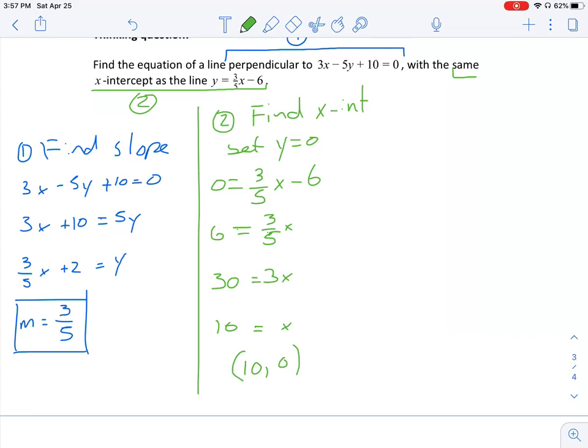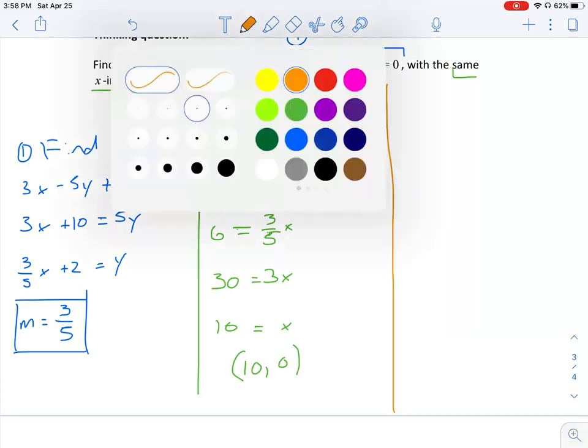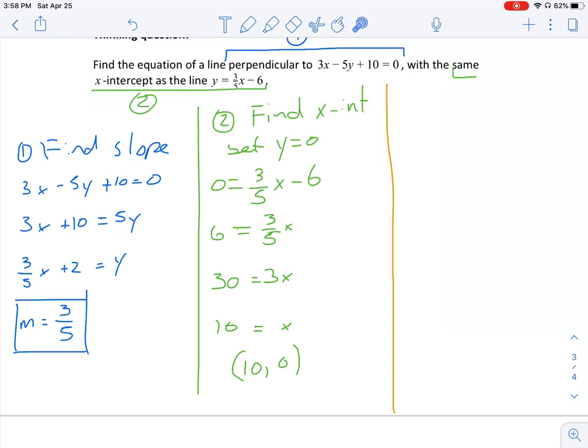So I have to do one final thing. I now need to find the equation of a line that is perpendicular with the same x-intercept. So I realize now, looking over here, I didn't go one more step. If you picked up on that, great. I need to find something that's perpendicular.